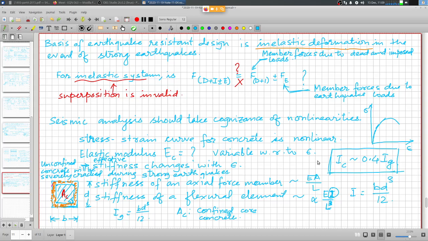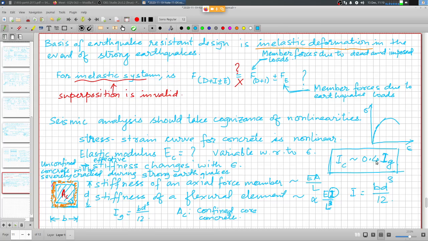The moment of inertia of the concrete core is approximately 40 to 50%, less than 50% of the gross moment of inertia of the outer dimensions of the members. And with this simplification, it becomes very simple to implement in a computer program. You already have the dimensions, you already have all the gross section properties provided.